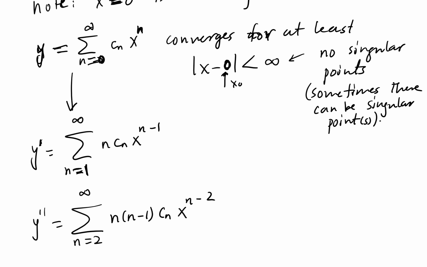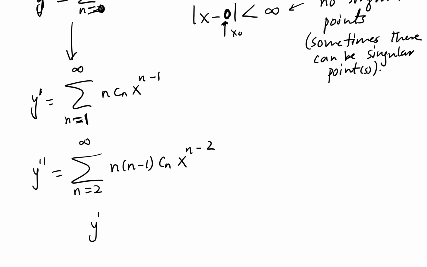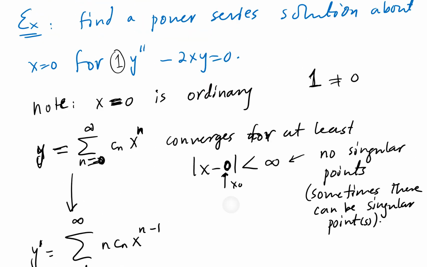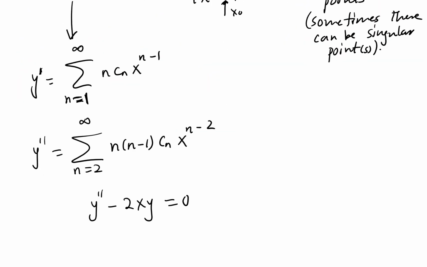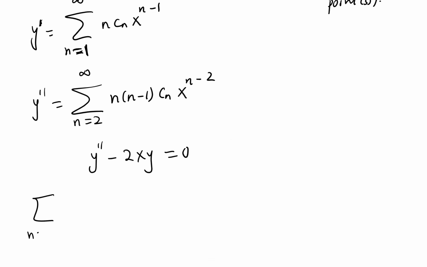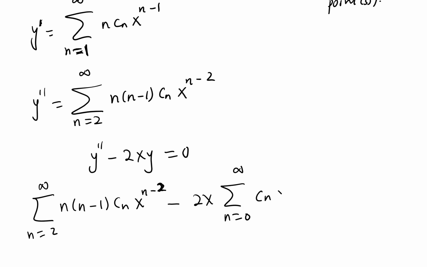The next thing we're going to do is what we did in the previous section. Let me rewrite the differential equation again: y double prime minus 2xy equals 0. Yes, y double prime was the sum from n equals 2 to infinity of n times n minus 1, c_n x^(n-2), minus 2x times y, which is the sum from n equals 0 to infinity of c_n x^n, equals 0.